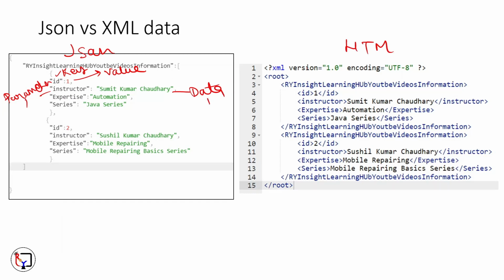But you can see here, XML stores the data in tags. ID is a tag, instructor is a tag, expertise is a tag, and these are the data.